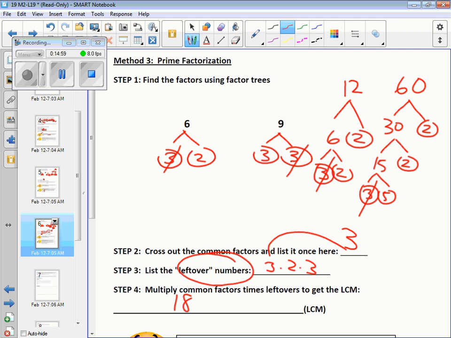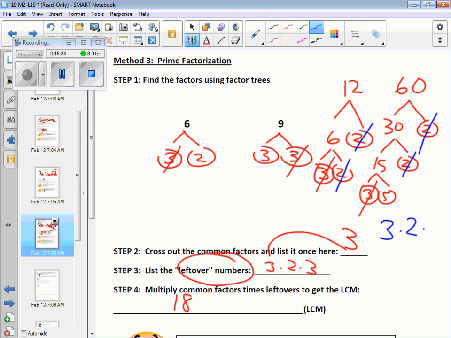I'm going to do it in a different color. Okay. What else do you see common in both trees? Cross them both out, but only list it once. What else? Yup, there's another 2 here.